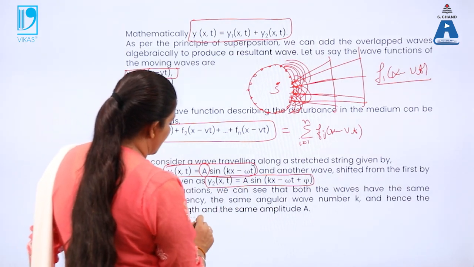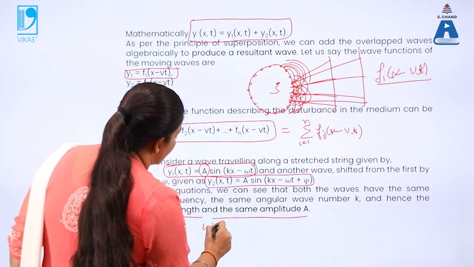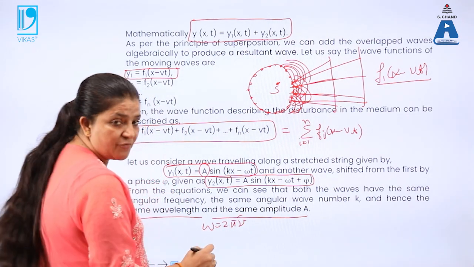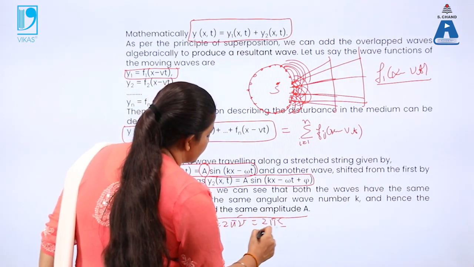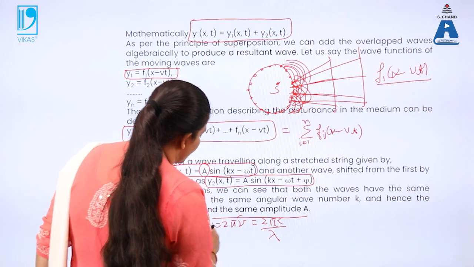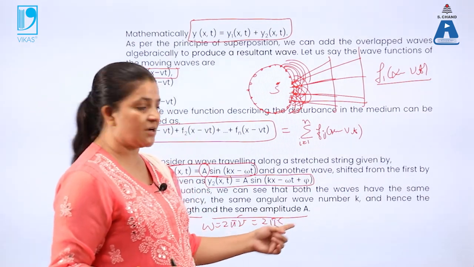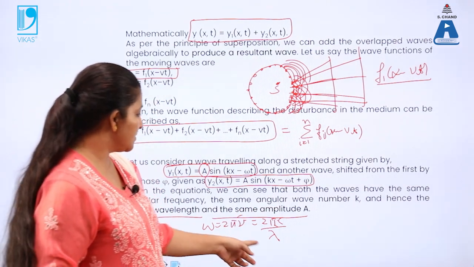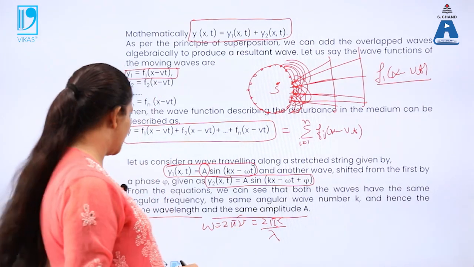So they have the same wavelength and the same amplitude. We know that omega equals 2 pi nu. What is nu here? Nu is the frequency, so it can be written as 2 pi c by lambda. So if omega is the same for both, then since 2 pi and c are constants, lambda will be the same for both. So they are traveling with the same amplitude and the same wavelength.